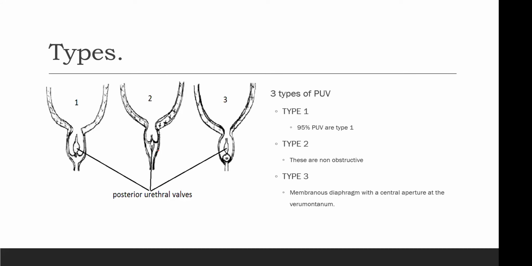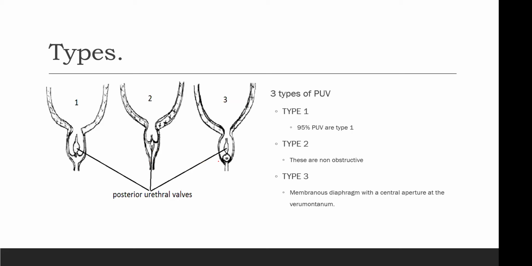Type 3 is thought to be a circumferential membrane, which forms like a diaphragm that has a central opening. This type 3 is also an obstructive type.